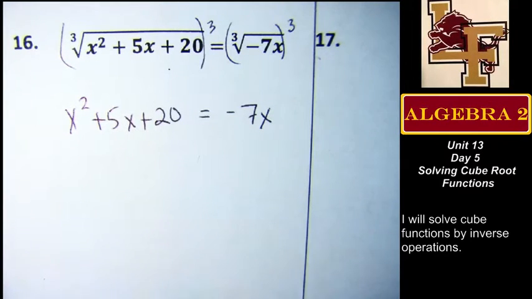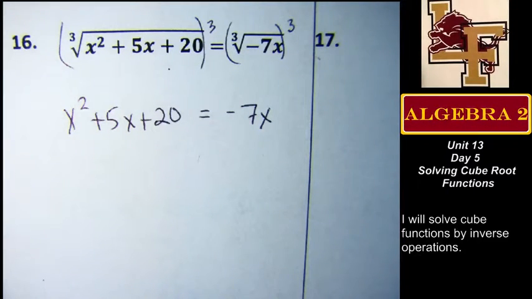It's a quadratic. So I can either factor it, complete the square, or use quadratic formula. Which of those three do you think you want to use? Which one's easier? That really depends on the numbers you're given and just how your brain works. For me, looking at this, I think I might want to try factoring first.